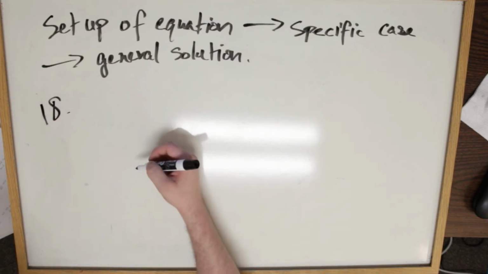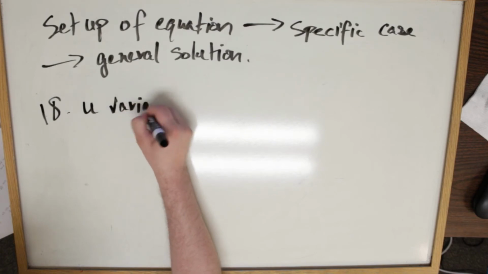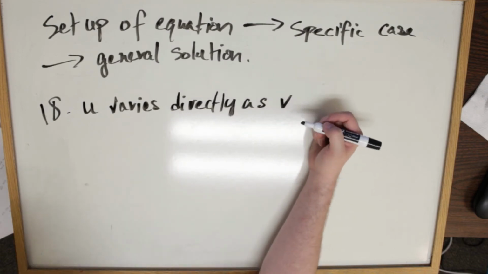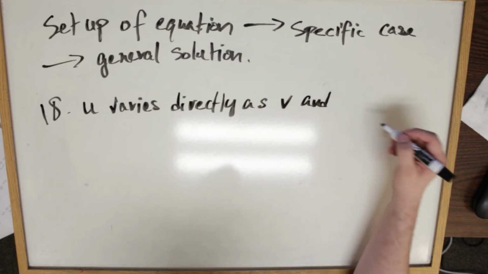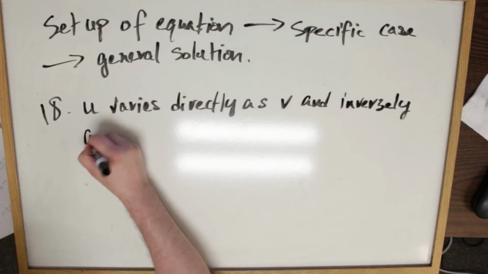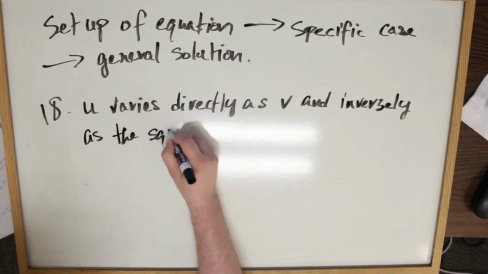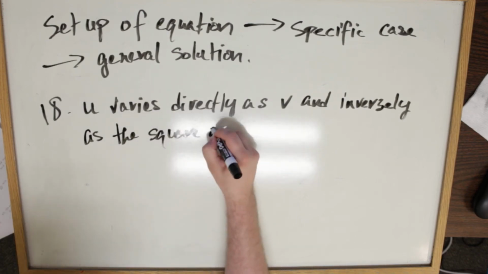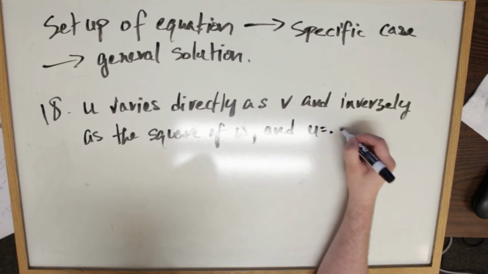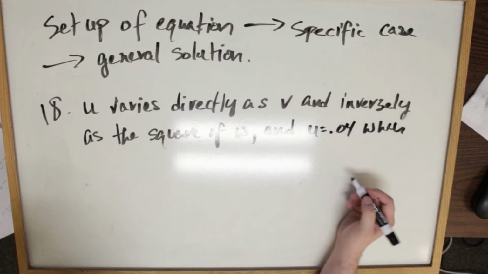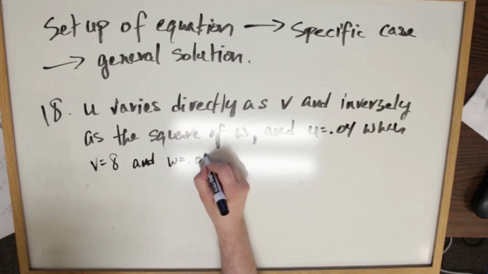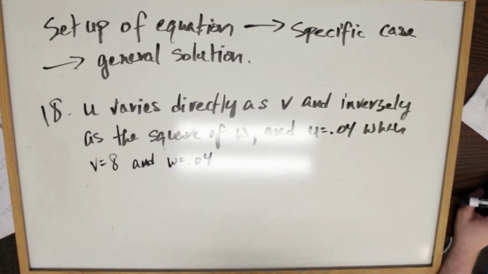I'm going to leave that up there so you can see it. u varies directly as v and inversely as the square root of w, and u is equal to 0.04 when v equals 8 and w equals 0.04. Okay, that was a lot. I think you guys just got notified I got an email. Sorry about that.